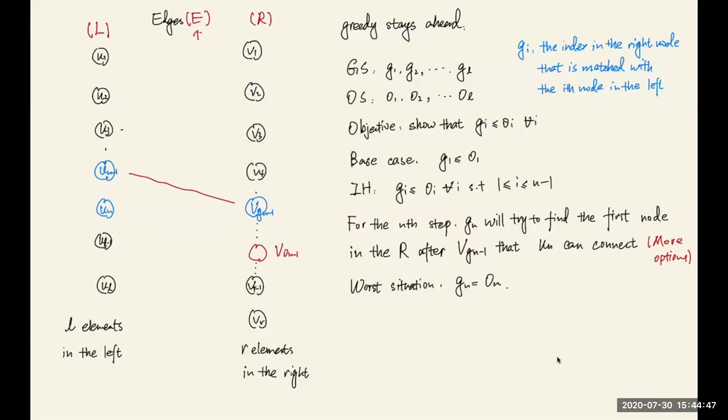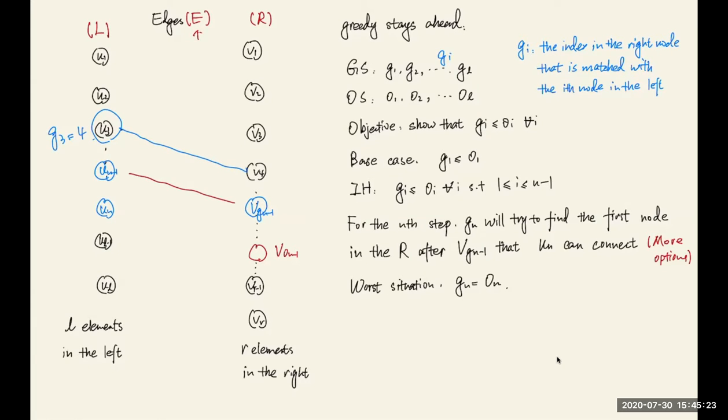For example, if the third node in the left is connected to the third node in the right, then G3 equals 3. If the third node in the left is connected to the fourth node in the right, then G3 equals 4. This is basically what GI means.